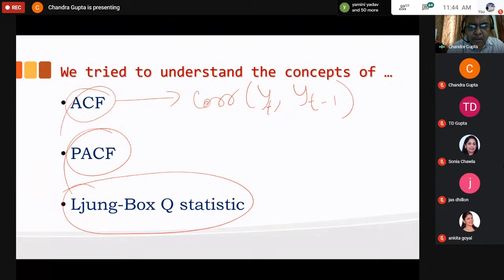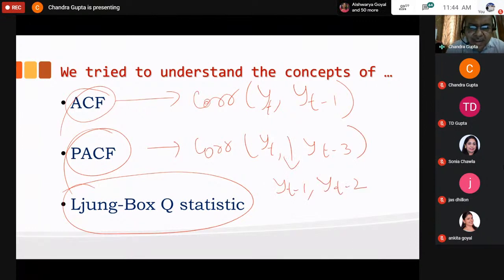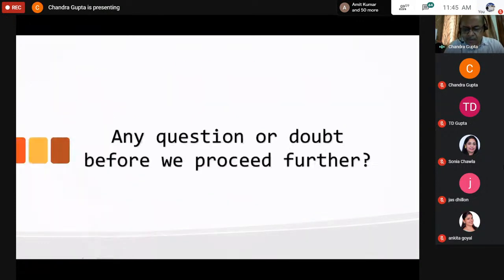Partial autocorrelation is the correlation between yt and, say, yt minus 3, filtering out the effect of yt minus 1 and yt minus 2. And the Q statistic is used for testing the null hypothesis that all the autocorrelations are equal to 0. So these were the things we were discussing in the previous session.